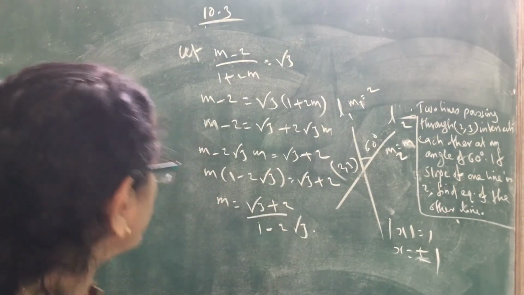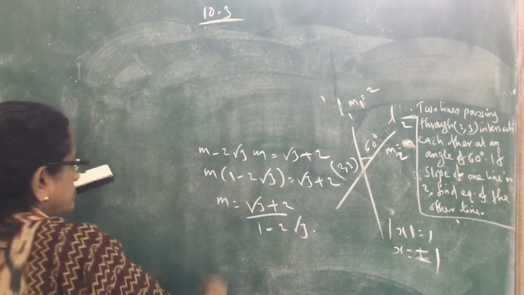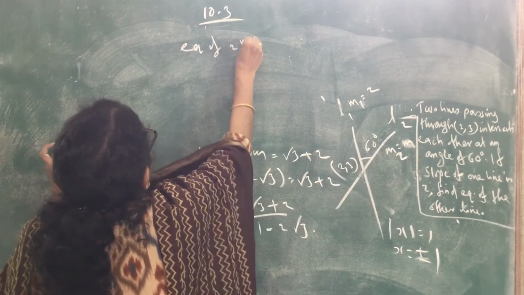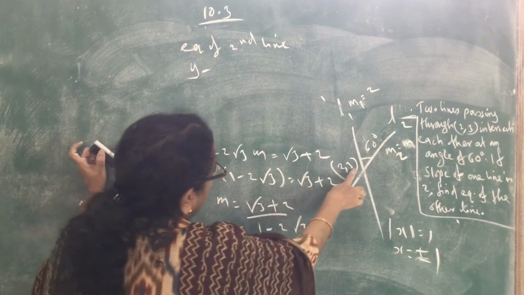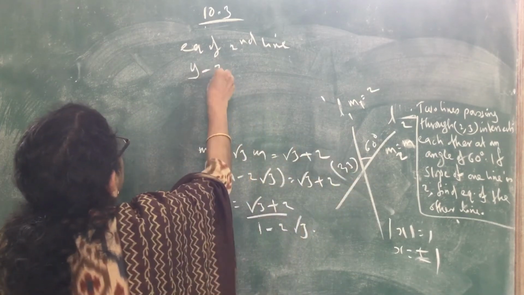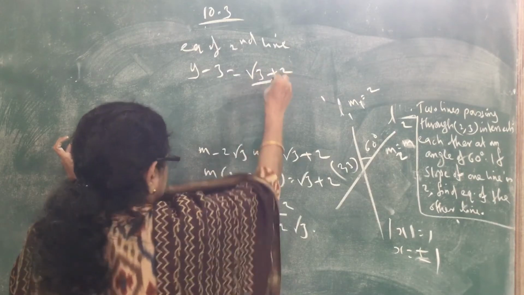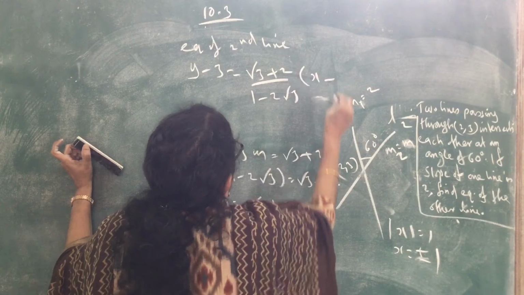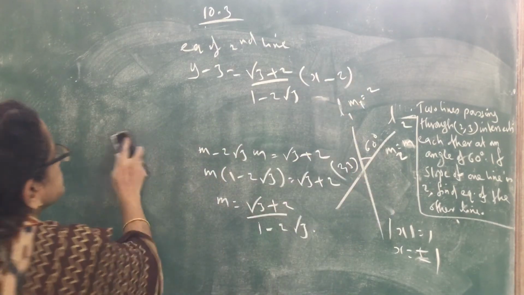Therefore the equation of the second line is y minus y1 equals slope into (x minus x1), with (x1, y1) being (2, 3). So y minus 3 equals slope (root 3 plus 2) divided by (1 minus 2 root 3) into (x minus x1). x1 is 2. Now we have to simplify.